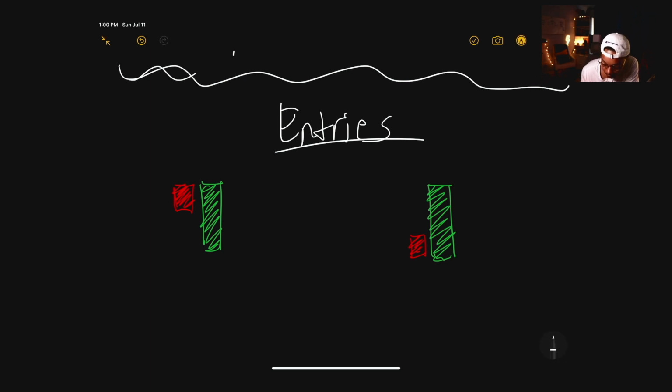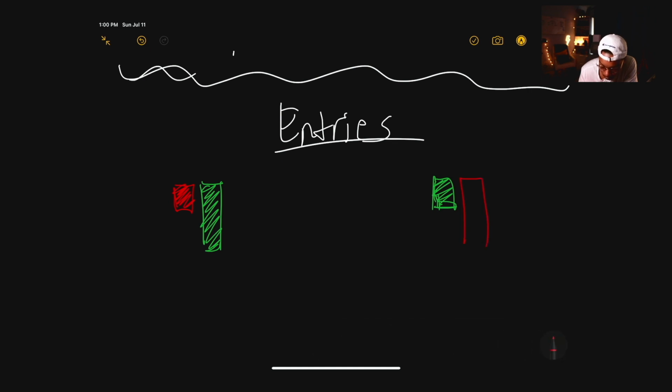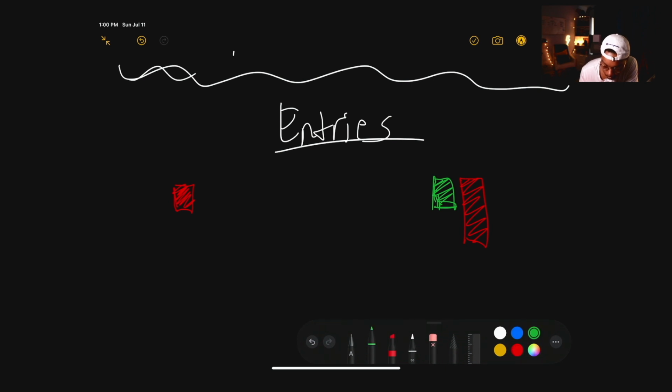Let's erase this really quick, because it's actually green here, because I want you to have a full understanding of what it is. And then we have red here. I drew it backwards, because in this case, this is bullish. This is supposed to be up.